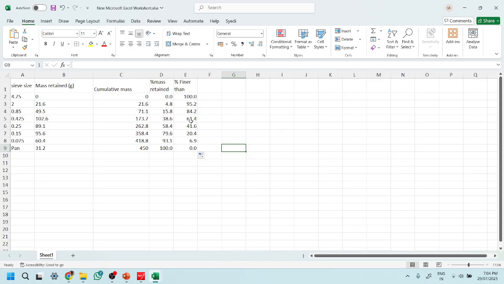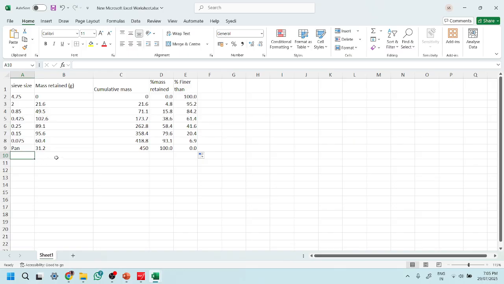Okay. So what we did is we took all these sieves and stacked them one on another. The laboratory process is that first you weigh the sieves, and then you take the sample, let us say 5 kg, 1 kg, 2 kg, a particular mass, and you put it in the sieve and then you shake.